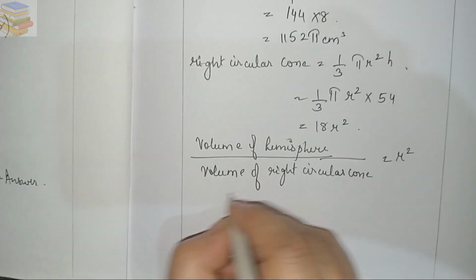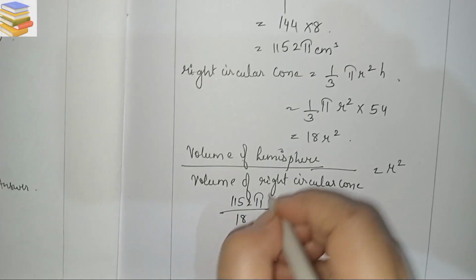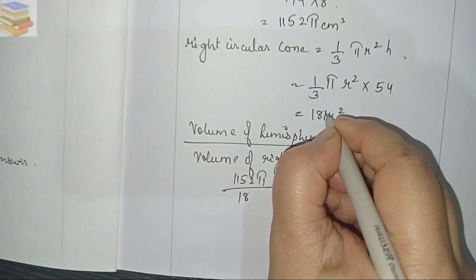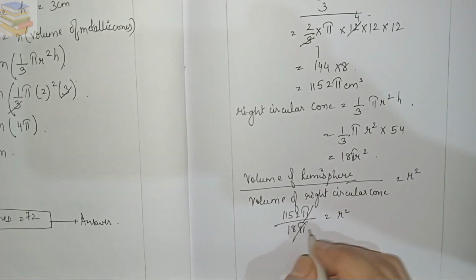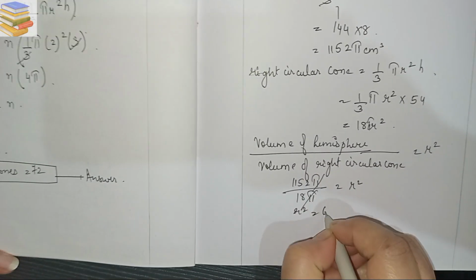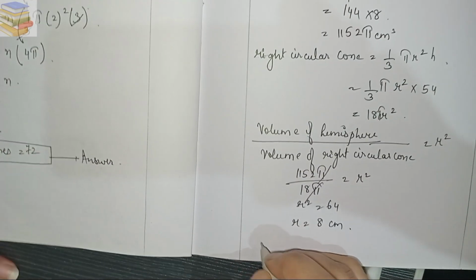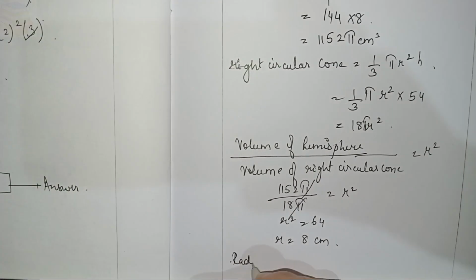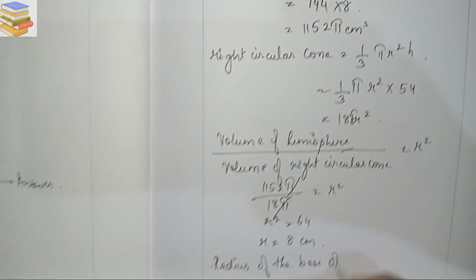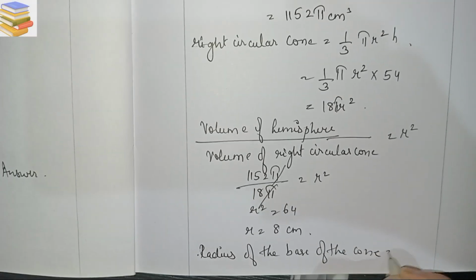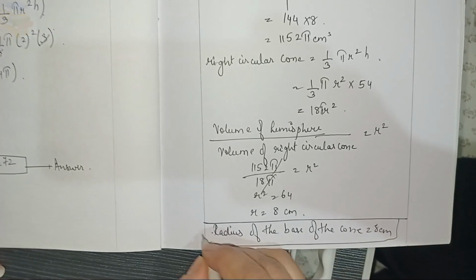Volume 1152 pi over 18 pi, r square is equal to 64. R will be 8 centimeters. That is the answer. The radius of the base of the cone is equal to 8 centimeters. This is going to be your answer.